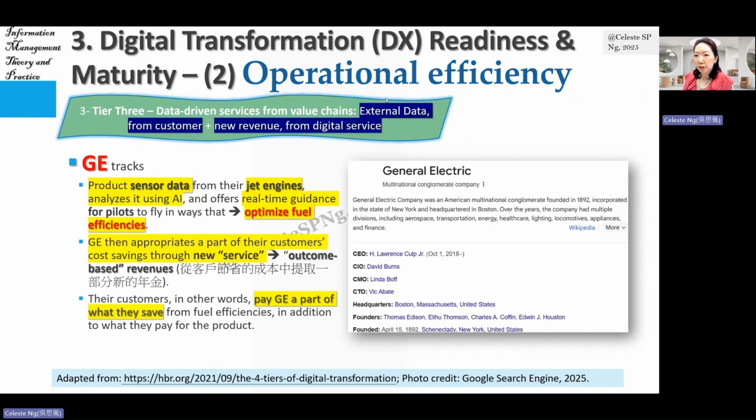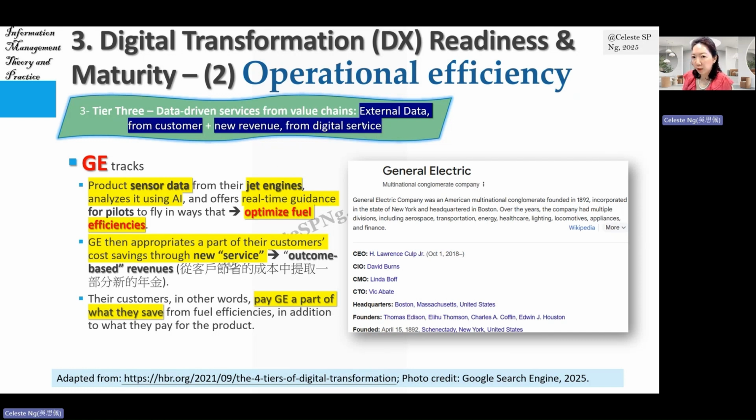And then under the third tier, all right, we are looking at the data-driven service from the value chain, whereby the company is not only able to obtain external data from the customer, plus from the customer's data, it is able to create new revenue, okay, through its digital service.